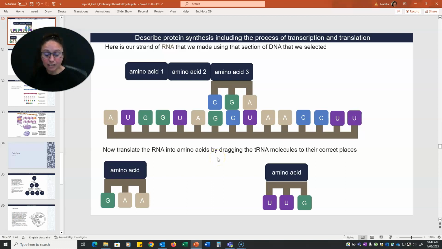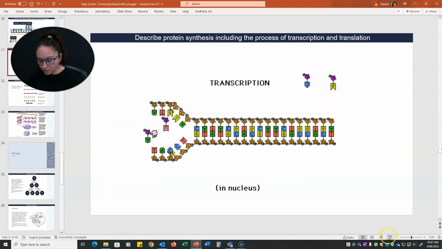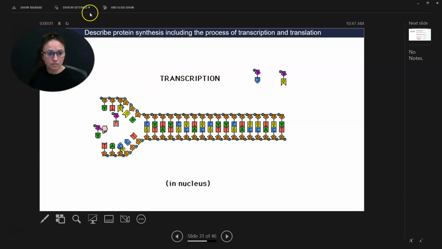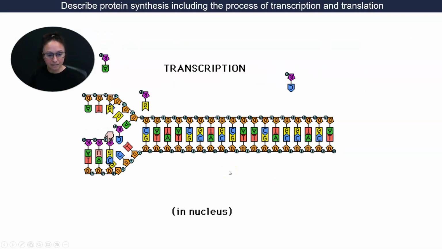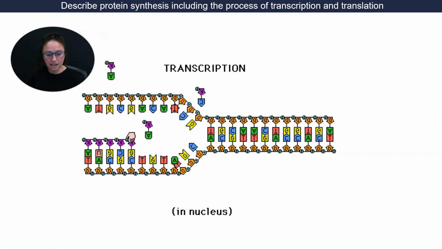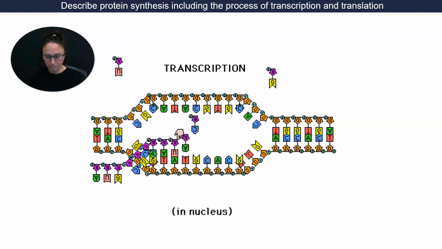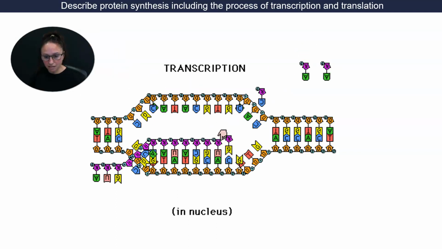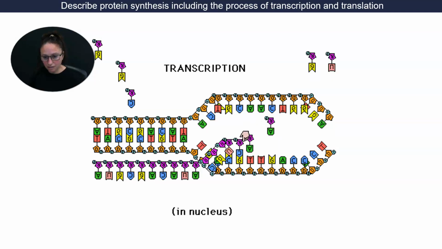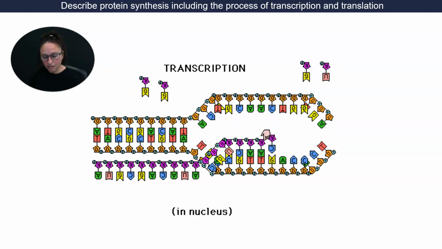So I'll let you finish off your amino acid chain, but essentially it's like this. Let me just show you a picture. Here we go. Look at this. This is making our RNA molecule. Pretty cool, hey? We're making it. We nearly made it.